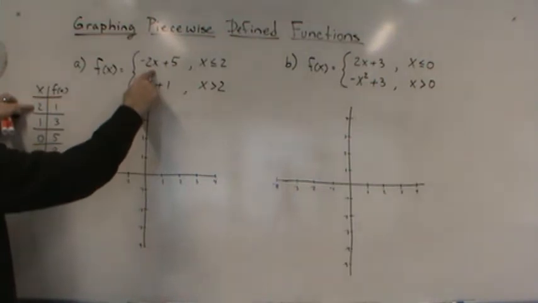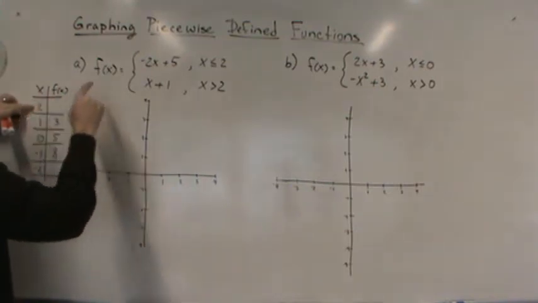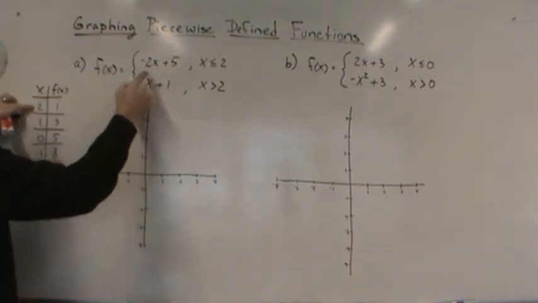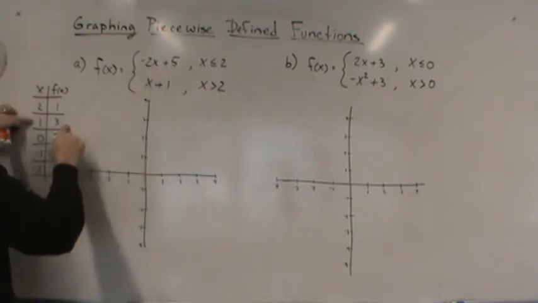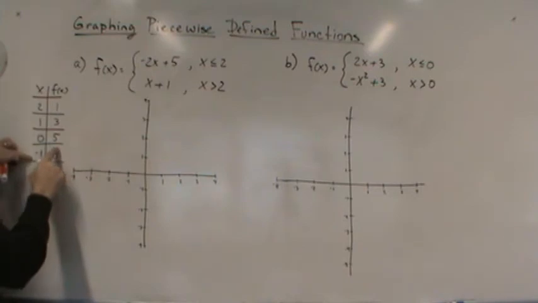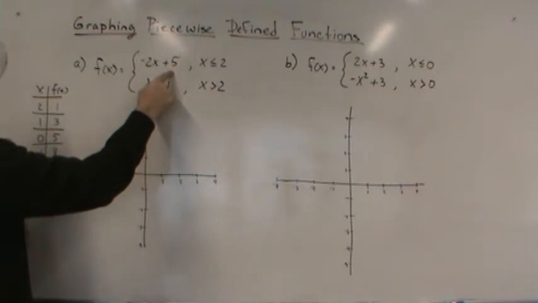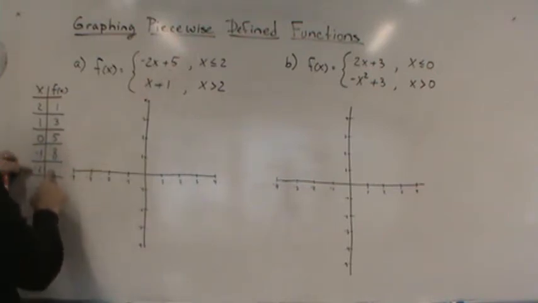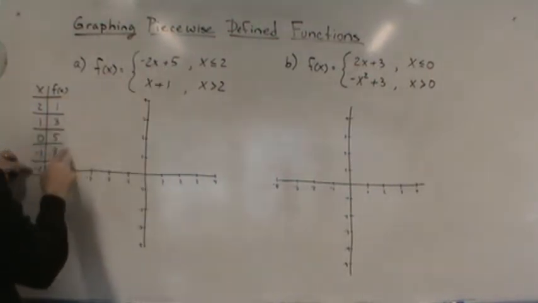Let me check again. At 2 that's -4, and 1 gives me -2, which gives me 3. 0 gives me 5. -1 gives me 7.